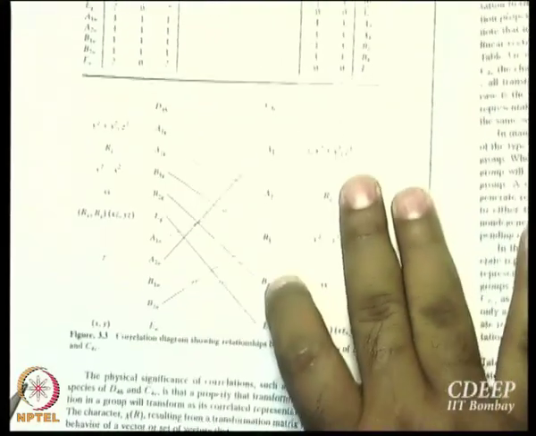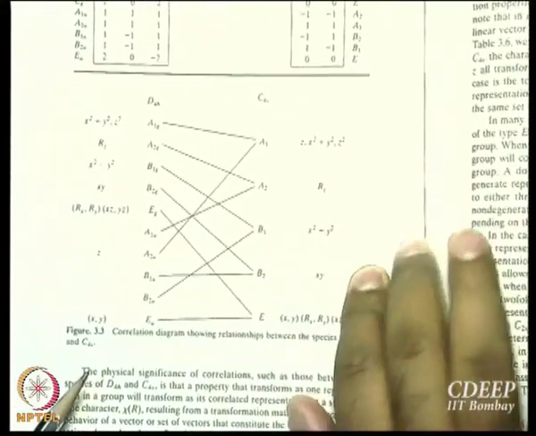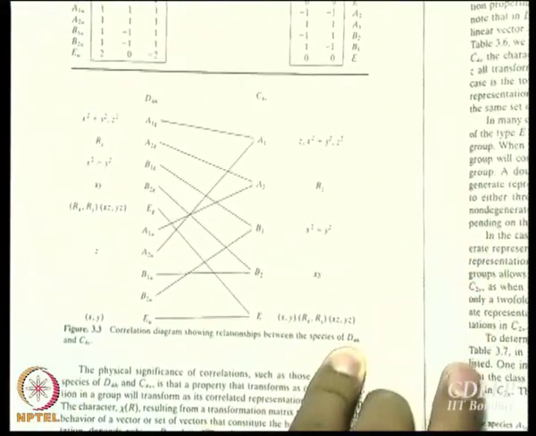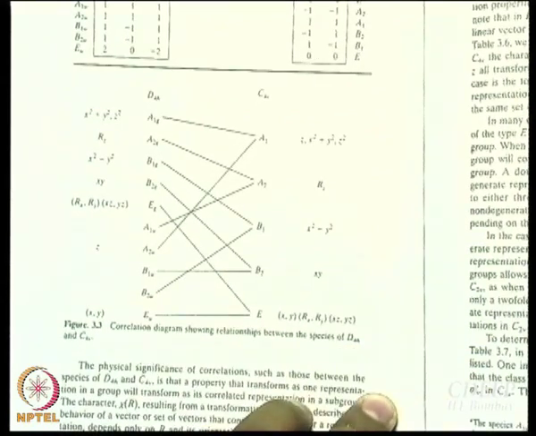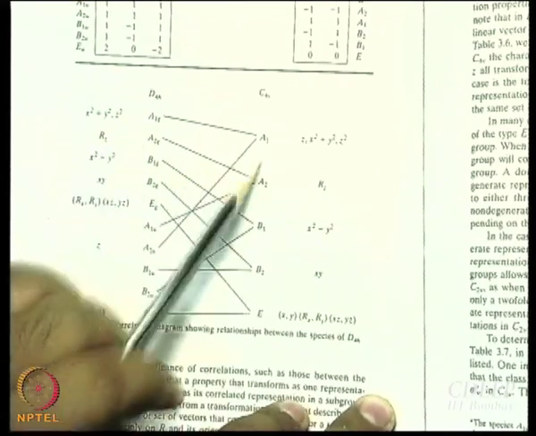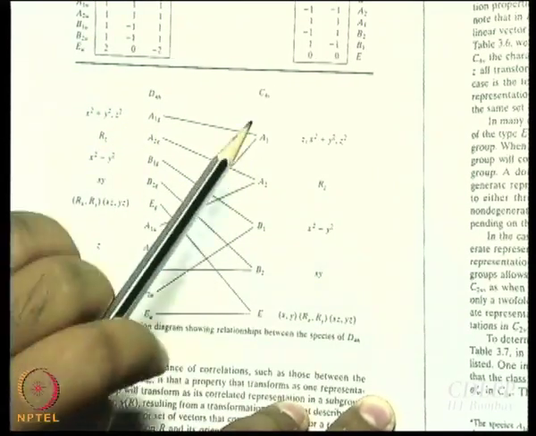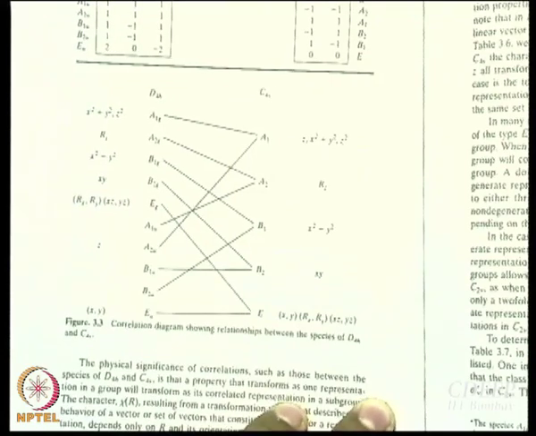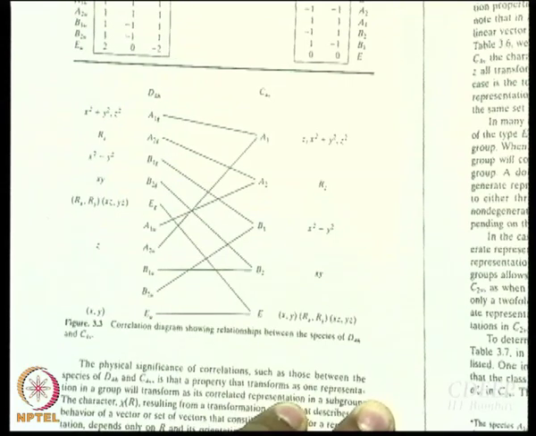Got it? So now see, what you could do is, you could represent this as a correlation diagram, isn't it? A1G becomes A1, A2U also becomes A1. So what kind of correspondence is this? Many one. Let's just say many one.